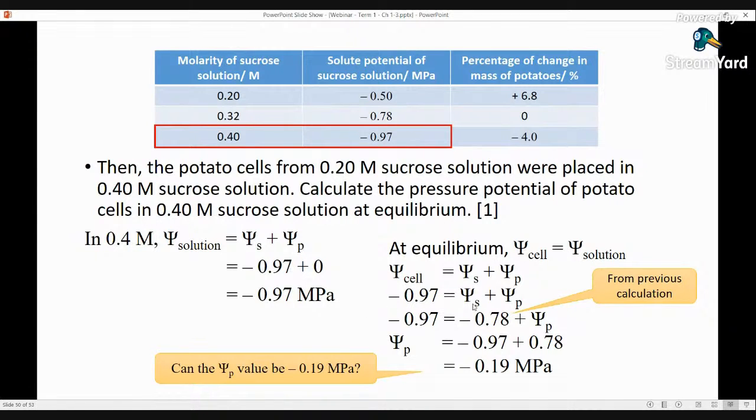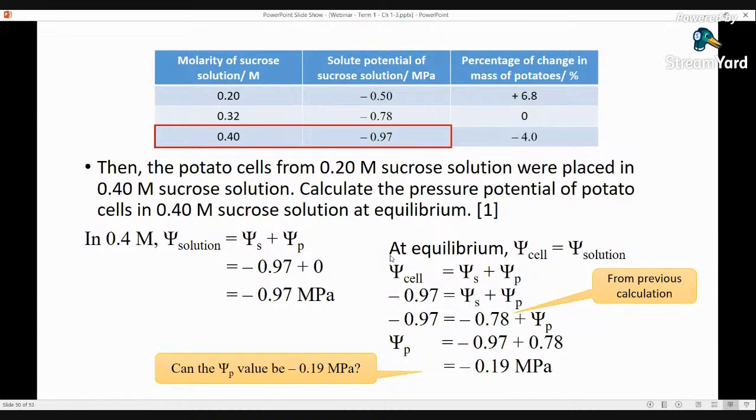And then the solute potential is from the previous calculation again, negative 0.78. Then you calculate, and you get negative 0.19 megapascal. From calculation, but can the pressure potential value be negative 0.19 here, not in xylem vessel?